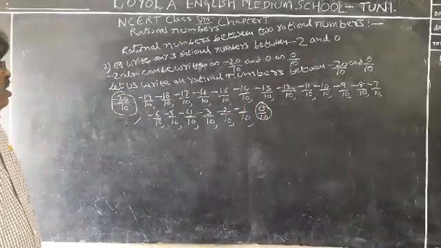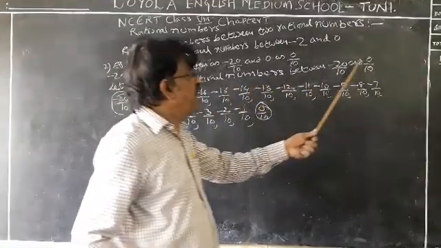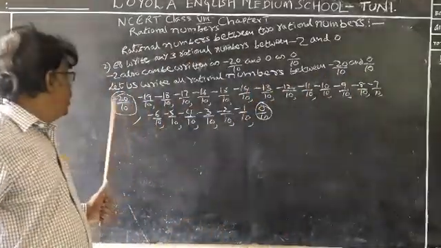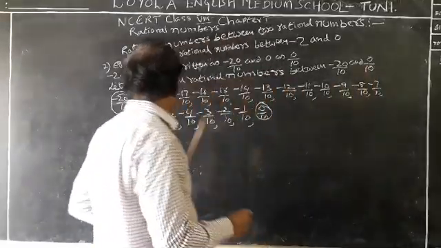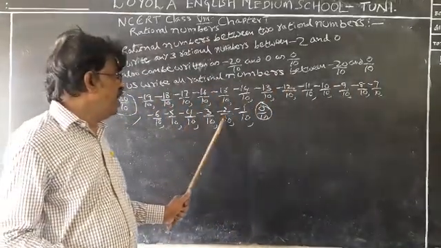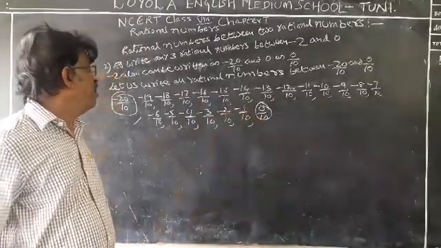Actually, between -20 by 10 and 0 by 10, there are 1, 2, 3, 4, 5, 6, 7, 8, 9, 10, 11, 12, 13, 14, 15, 16, 17, 18, 19 rational numbers.